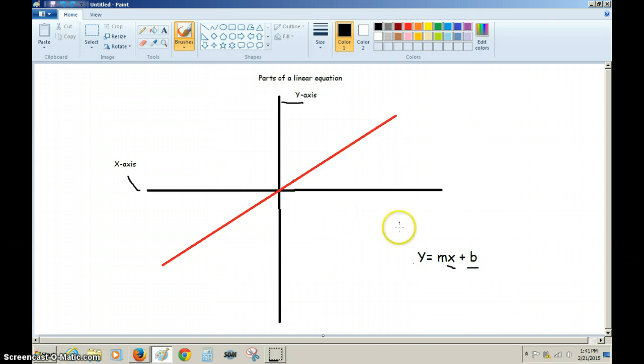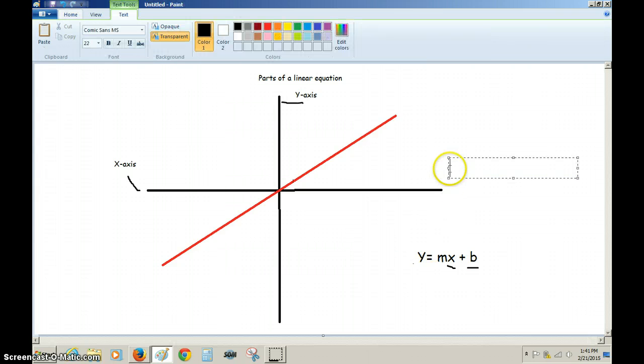So y-intercept is 0. So the equation that we have right now is y is equal to the coefficient, which is just 1, 1x, which we're just going to say x because 1x is just x. x plus 0, which we can just say y is equal to x.